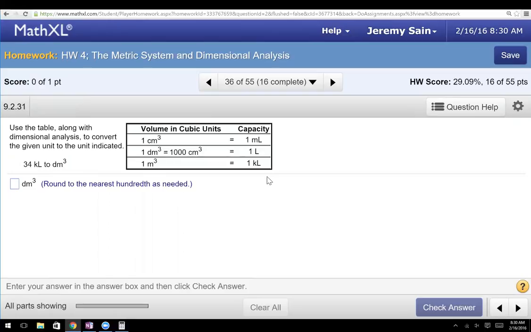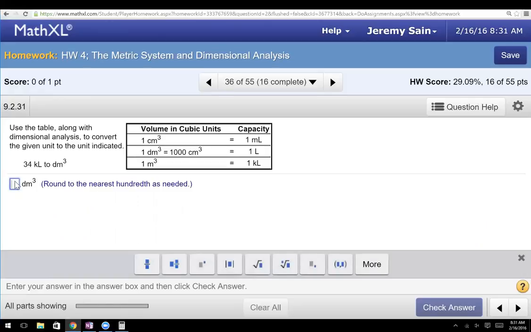What do you think about liters and kiloliters? A kiloliter would be 1,000 liters. Right. So that 34 kiloliters is 34,000 liters. And that basically says a cubic decimeter is the same thing as a liter. So 34,000.